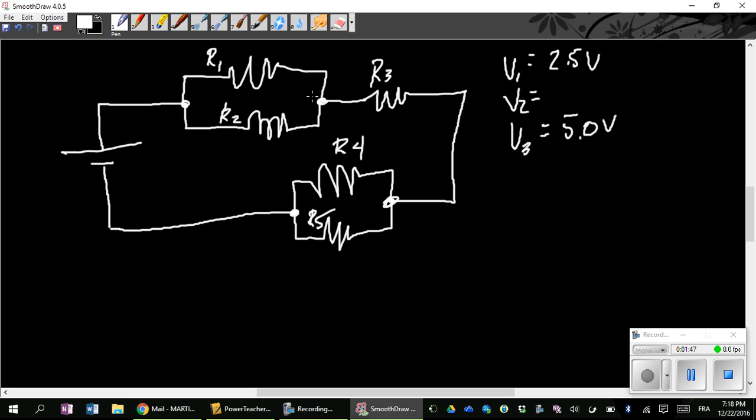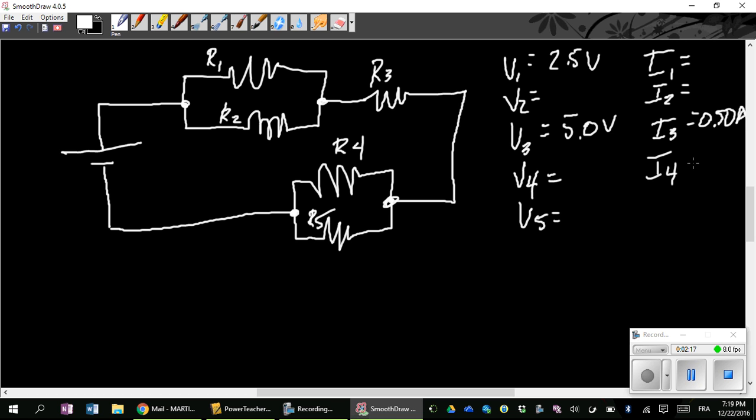Okay, so we have V1, V2, V3, V4, and V5. We need I1, I2, I3 is 0.15 amps, I4, it's tricky, I4 is 0.1.